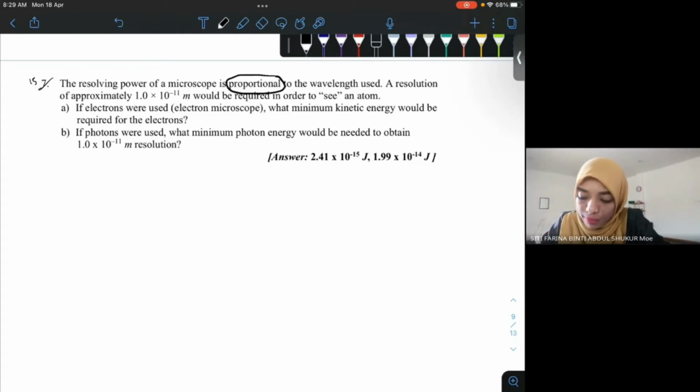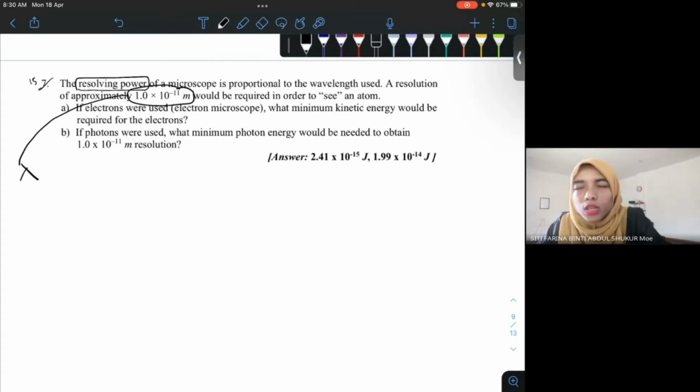Cuma apa yang dia nak sampaikan dekat sini adalah they are related directly. Terms that value yang dia bagi untuk wavelength sebenarnya boleh diguna pakai as a resolving power dekat sini. A resolution of approximately 1.0 times 10 to the power negative 11 meter ini as kita punya lambda lah kan, sebab dia bagi meter. Okay, unit untuk resolving power adalah A, not dekat atas ni sebenarnya.